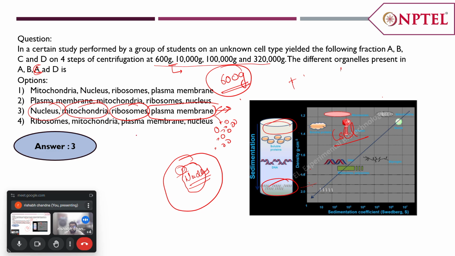So in the increasing order, the first is the nucleus, then the mitochondria, then the ribosomes, and then the plasmid. Any doubts in this question? This separation is based purely upon the molecular weight of the different organelles.